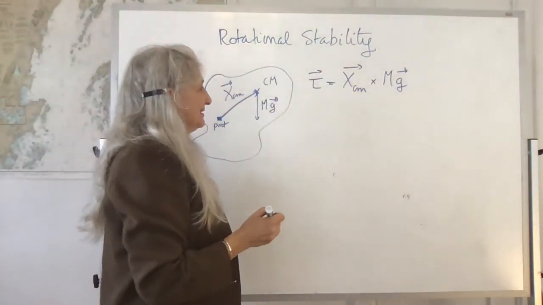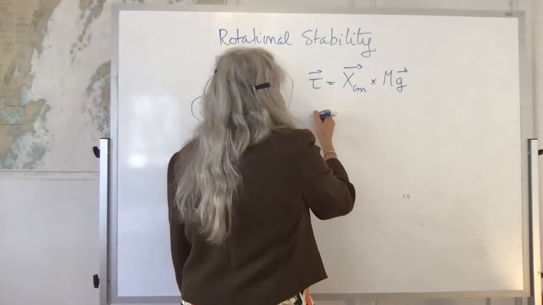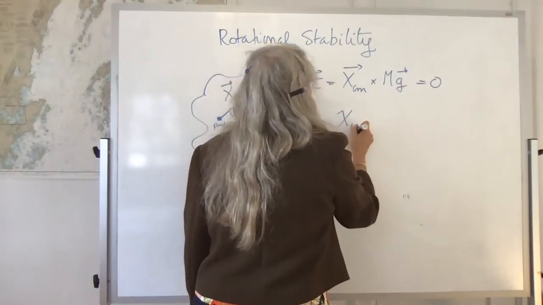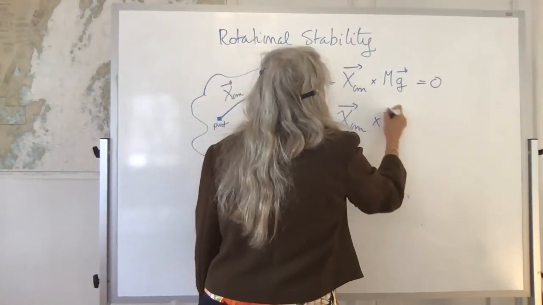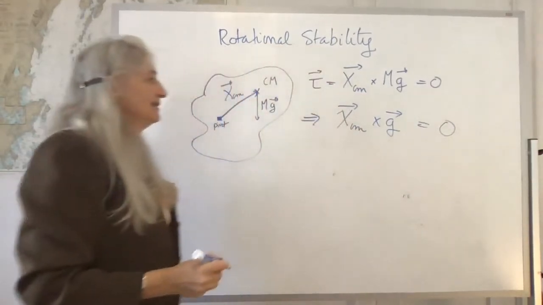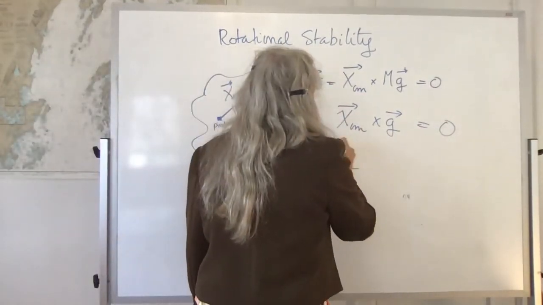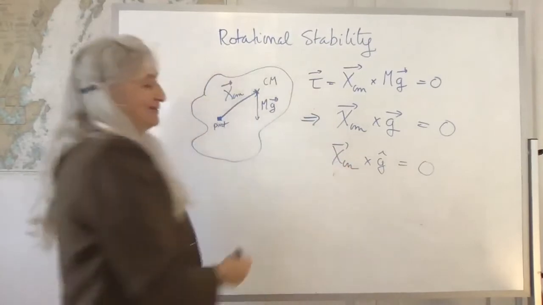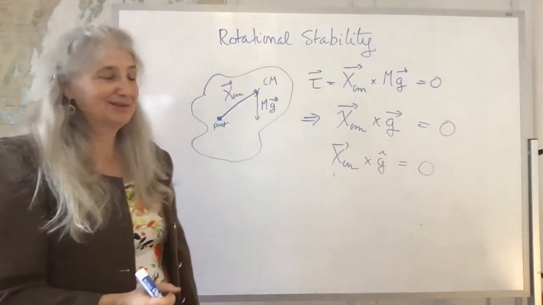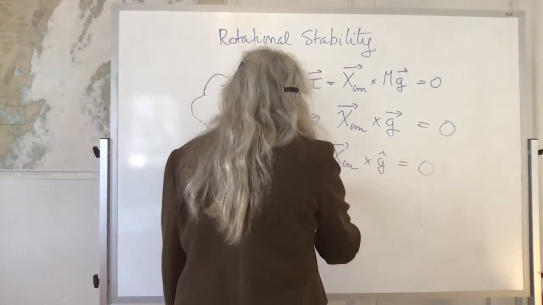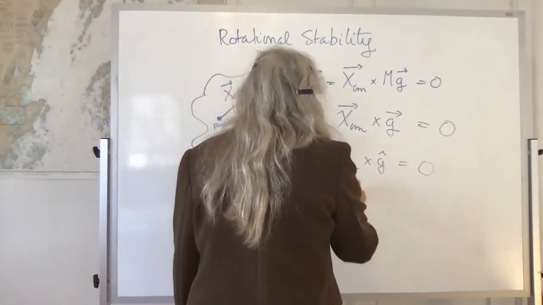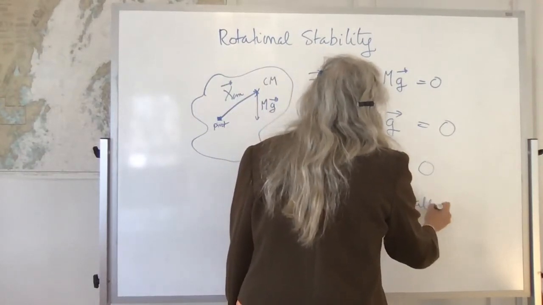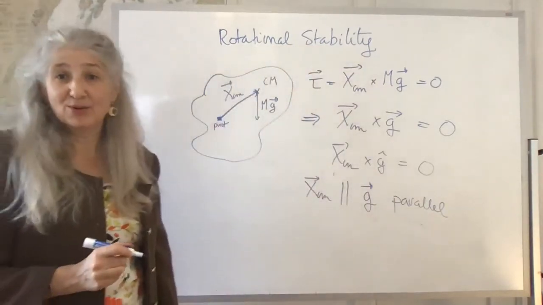So the condition for torque balance, or no rotation, is that this is 0, and that's equivalent to saying x center of mass cross g is equal to 0, and that's also equivalent to x cross g hat equals 0. Doesn't really matter. And I could actually consider the center of mass vector as a unit vector too. So what does this mean? This means that the center of mass vector has to be parallel to gravity in order for there to be no torque on this body.